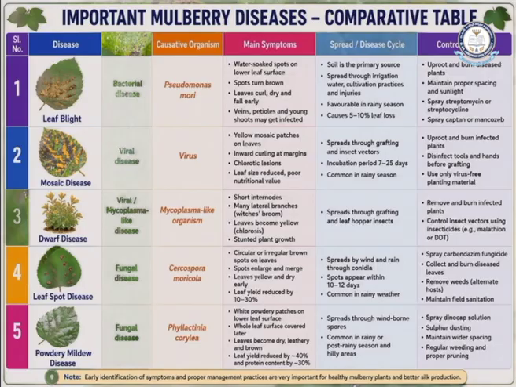So, what is it here? First, early identification of symptoms is very important. If you don't observe the symptoms first, it can lead to many problems. Okay, you have to practice it and healthy plantation should be maintained, and also it is very important to take care of your mulberry plant. If your mulberry plant is not taken care of properly, what will happen? It leads to increased transmission and death of the mulberry plant.